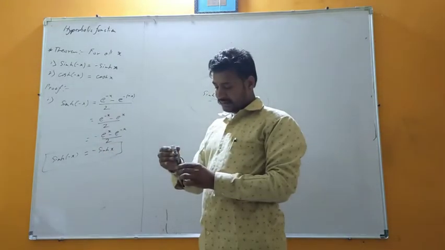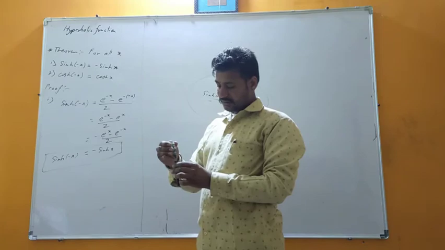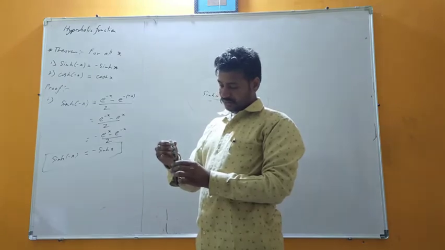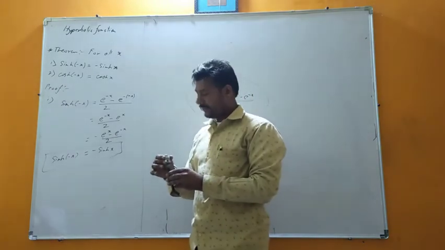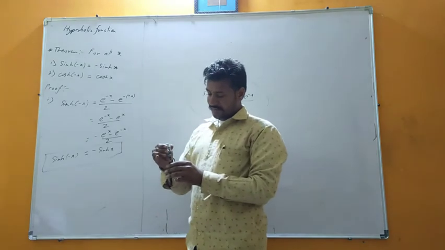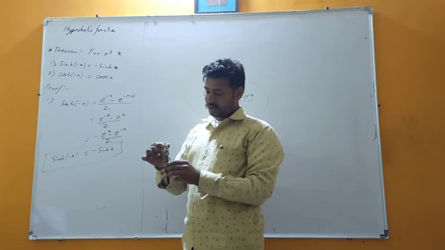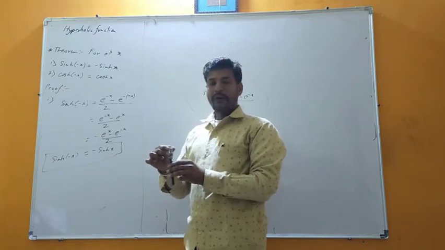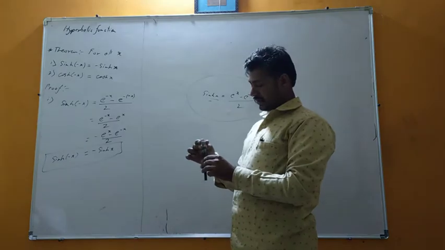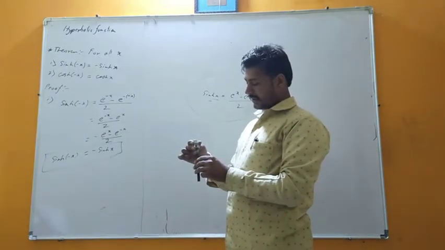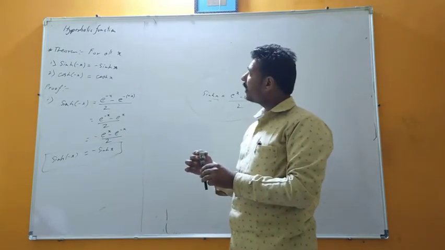These are the results we use to find the derivative. After this you have to see the derivatives of hyperbolic sine, hyperbolic cos, hyperbolic sec, cosec, and so on. For that we require these results. Okay, and so that's why we are thinking about this topic.